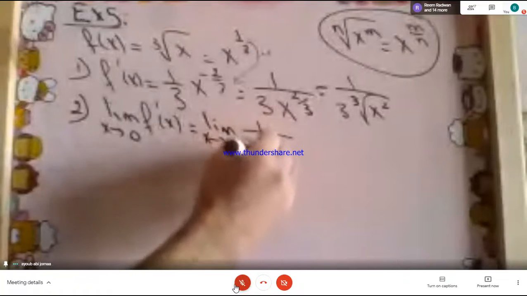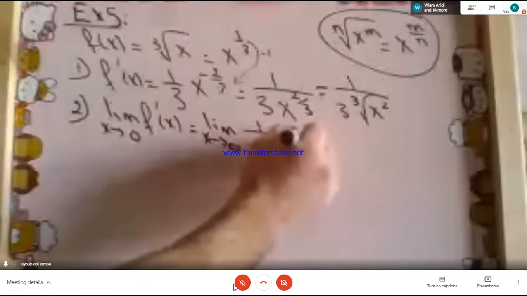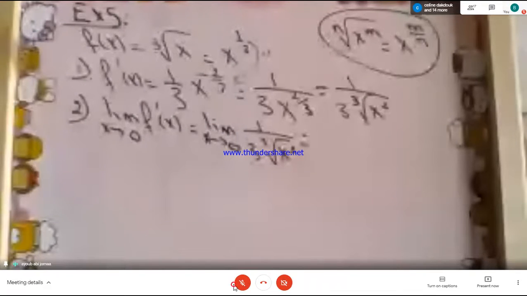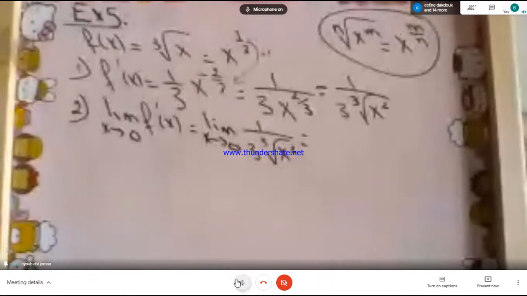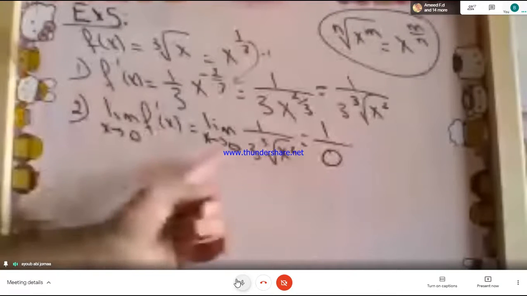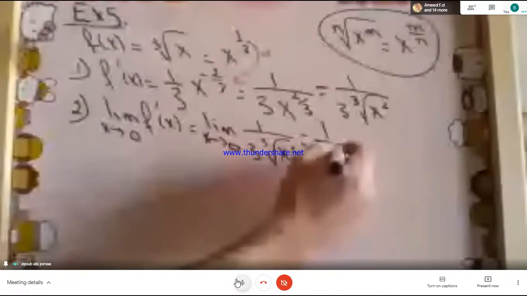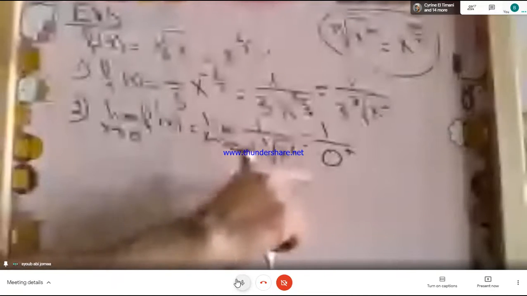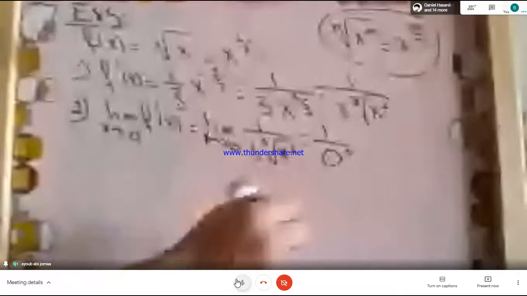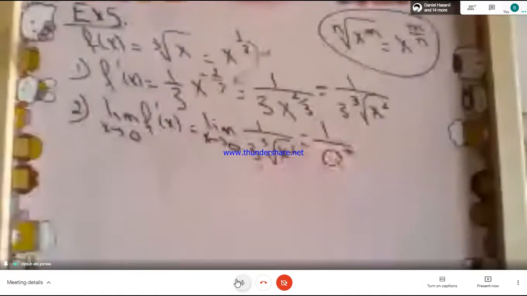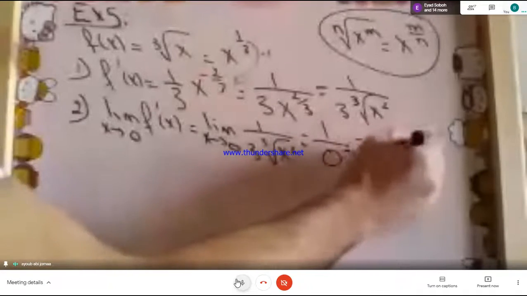You already have it in part 1 of the first exercise. What will be the limit as x approaches 0? 1 over 0, which is infinity. In both cases, whether 0 minus or 0 plus, it will be 0 plus, and here we have a square. If you take a number greater than 0, 0.1 squared will be positive, and if you take a negative number, negative 0.1 squared will also be positive. So in all cases it is 1 over 0 plus, which is positive.